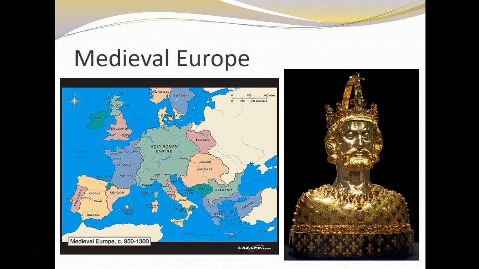The borders are going to change throughout medieval Europe, but this is a rough idea of what this was. Byzantine Empire, Holy Roman Empire, and Rome right down here, where the Pope was seated. These were all major factors, major players in the world of medieval Europe.